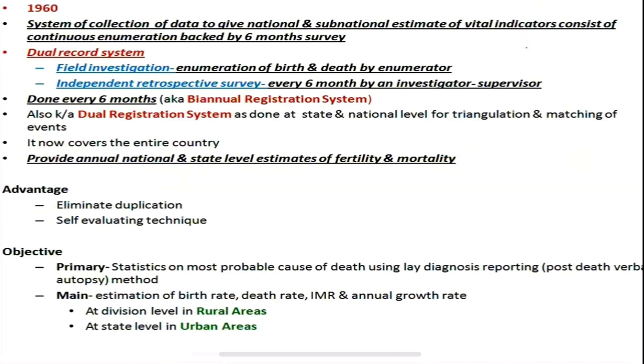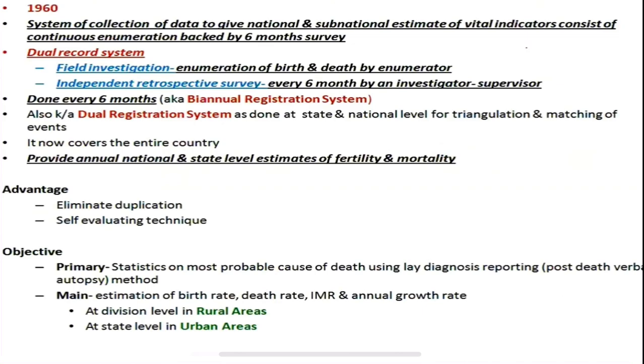It is a dual survey, a dual record system. For a backup, a 6-month survey is started. So when you are conducting the national survey, meanwhile the 6-month survey is also being done as backup. Why dual record? Because field investigations are done on one hand, and on the other hand, independent retrospective surveys are also conducted.